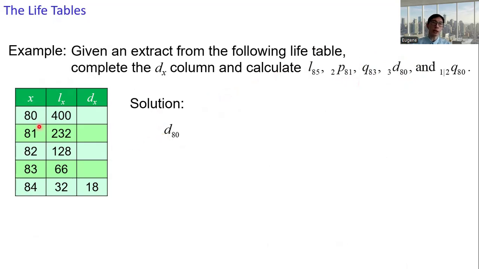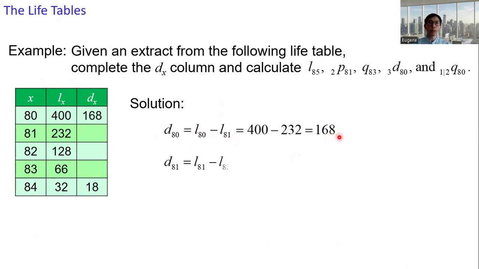From the table, at age 80, the expected number of survivors is 400. And at age 81, the expected number of survivors is 232. We can deduce the number of deaths. This is l80 minus l81: 400 minus 232, we get 168.